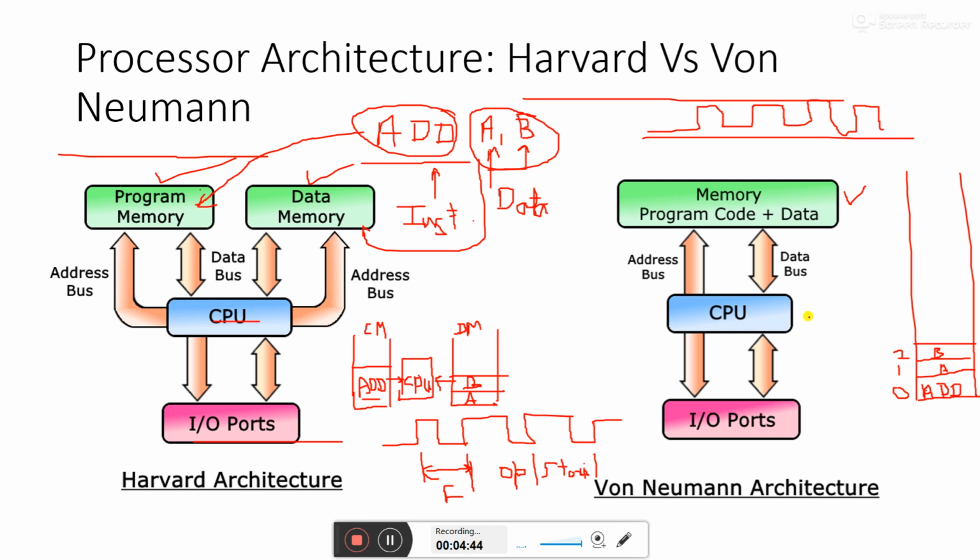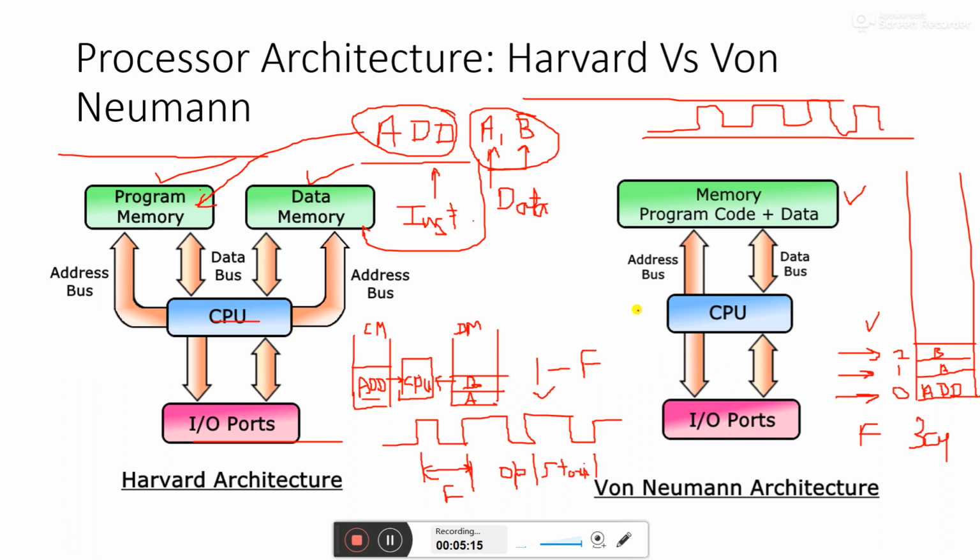While in the other case, the add instruction will be fetched first, then the operands will be fetched, so fetching takes around 3 cycles, while in Harvard only 1 cycle is needed for fetching, right?